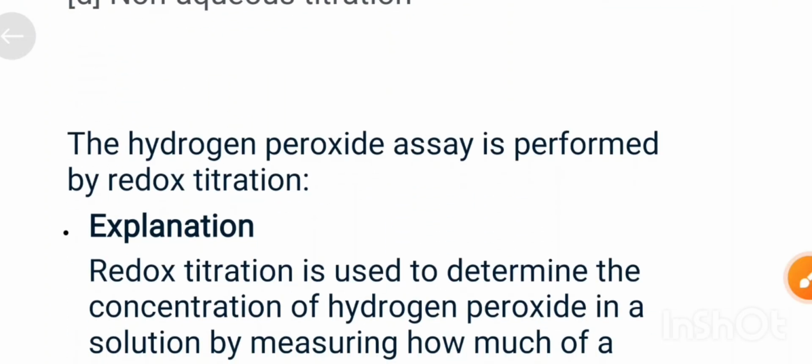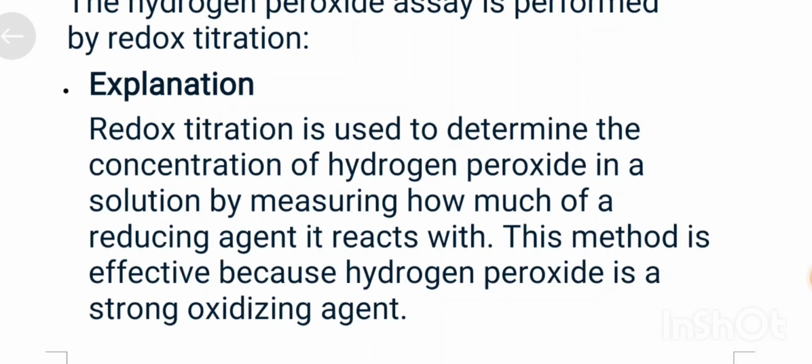The hydrogen peroxide assay is performed by redox titration. Redox titration is used to determine the concentration of hydrogen peroxide in a solution by measuring how much of a reducing agent it reacts with. This method is effective because hydrogen peroxide is a strong oxidizing agent.